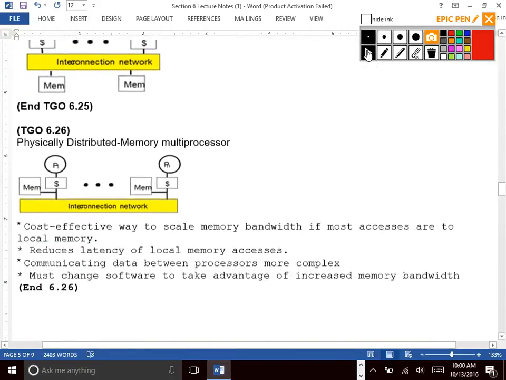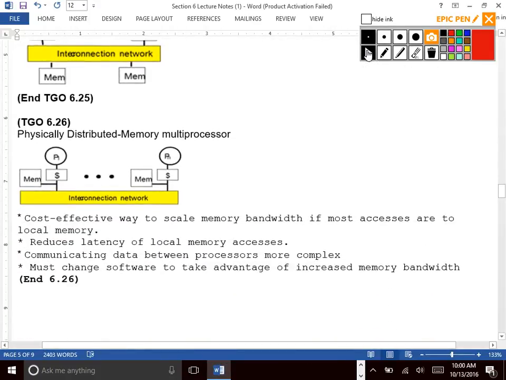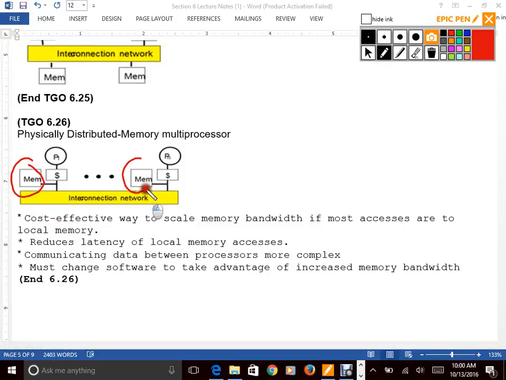All right, so 6.26, physically distributed memory processor. In this case, the difference here is each one has its own localized memory. So using write back, you're doing all of these localized cache updates. And then when you need to do a swap, you update the data memory here, and then you perform the swap.